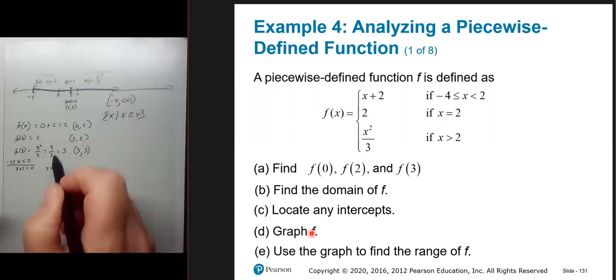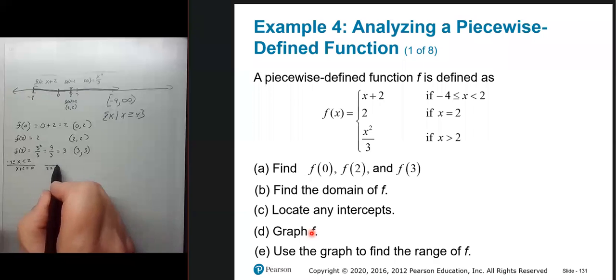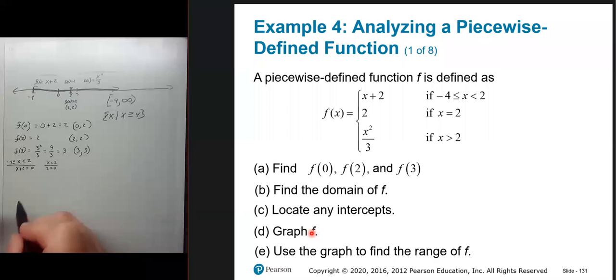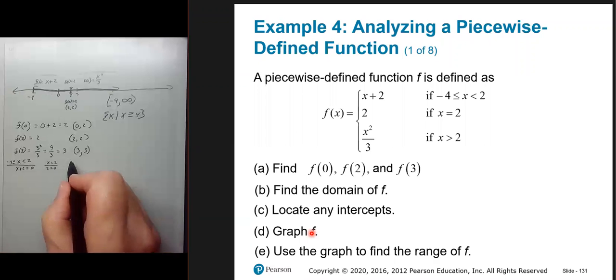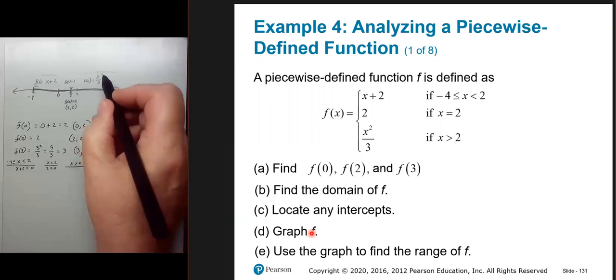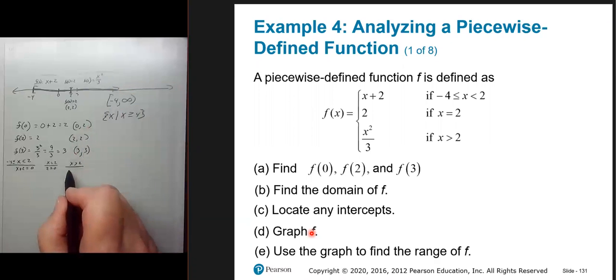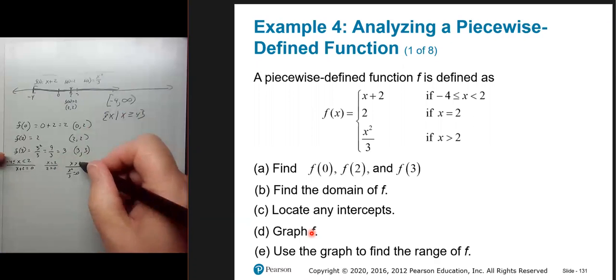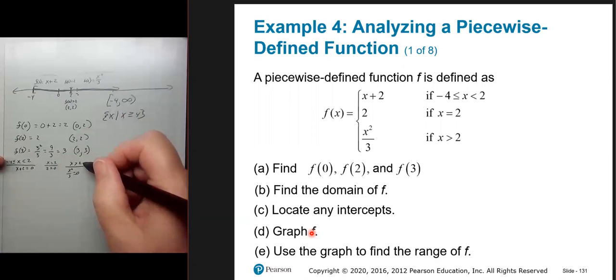The function is 2, and that's for when x equals 2. And then when x is greater than 2, we use this function, x squared divided by 3. So I'm going to set x squared divided by 3 equal to 0. I find the x values that work, and then I look to see, are they in this domain? Do they fit this criteria for the domain?